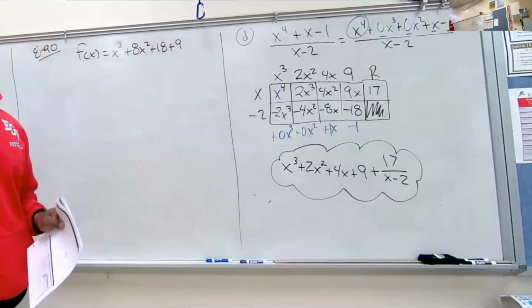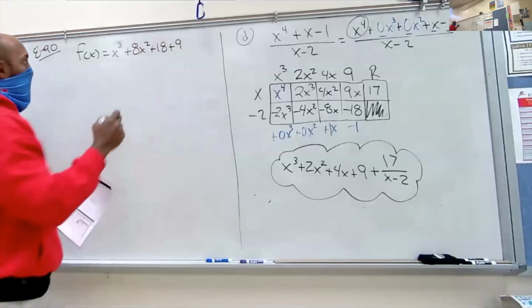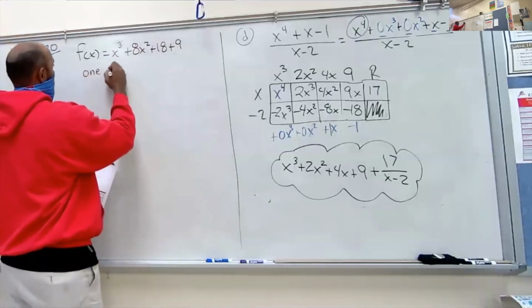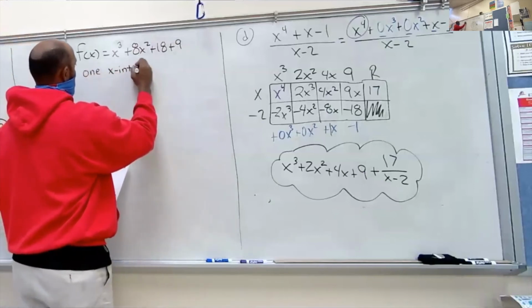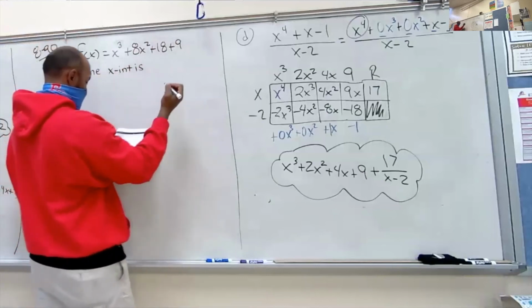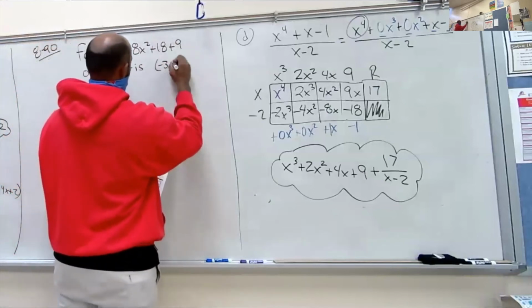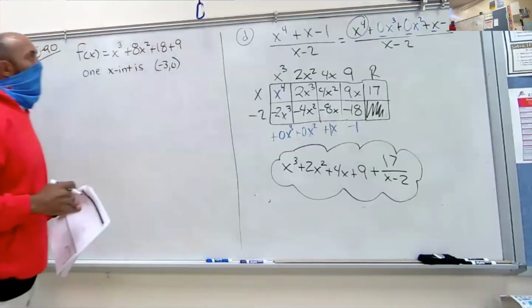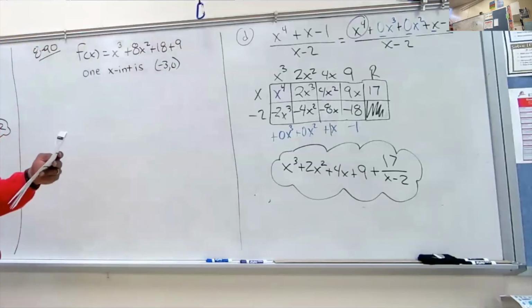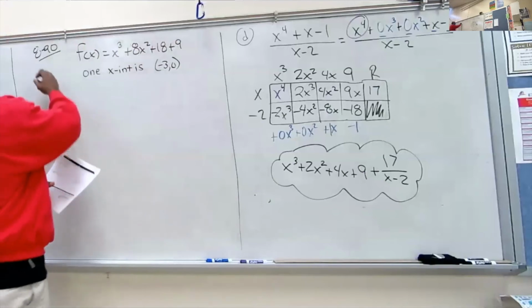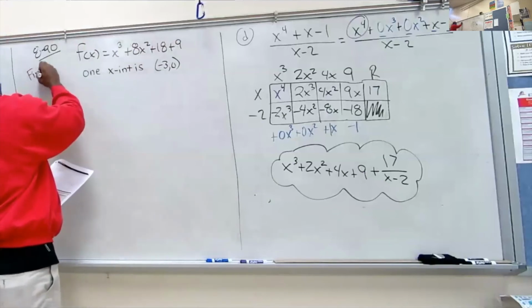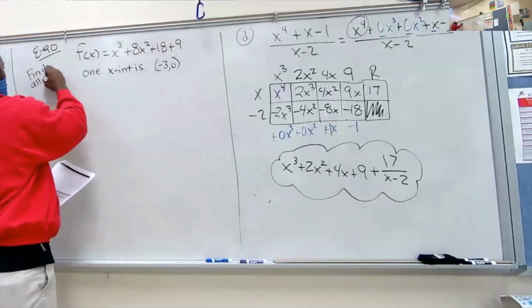The question already gives you one x-intercept: -3, 0. What it wants you to find is all x-intercepts.